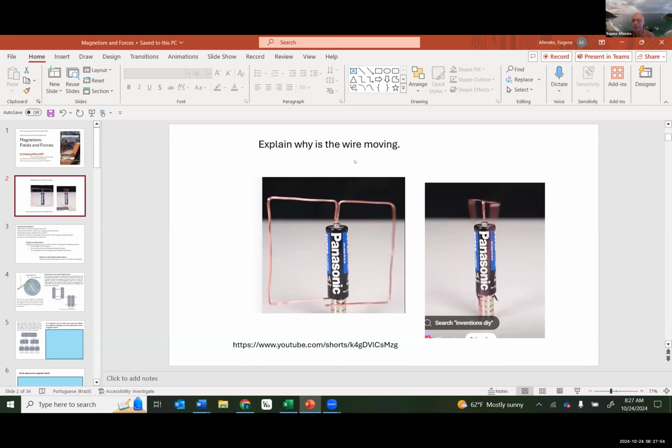Remember, this is a reflection activity, what we call a productive failure activity, where you have to write down your reasoning and initial ideas to try to explain what you see, or a concept. In this case, somebody is doing this experiment, and the wire is going to be moving. I want you to try to explain what happened based on whatever you have learned so far.